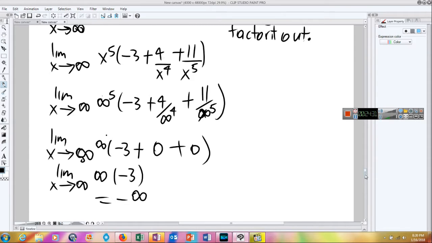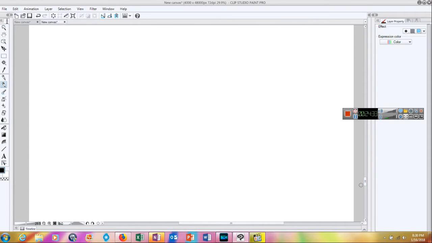And finally, we arrive at number 8. Number 8, limit x tends to infinity for the function 4x squared plus 9 divided by 9x squared plus 4x.